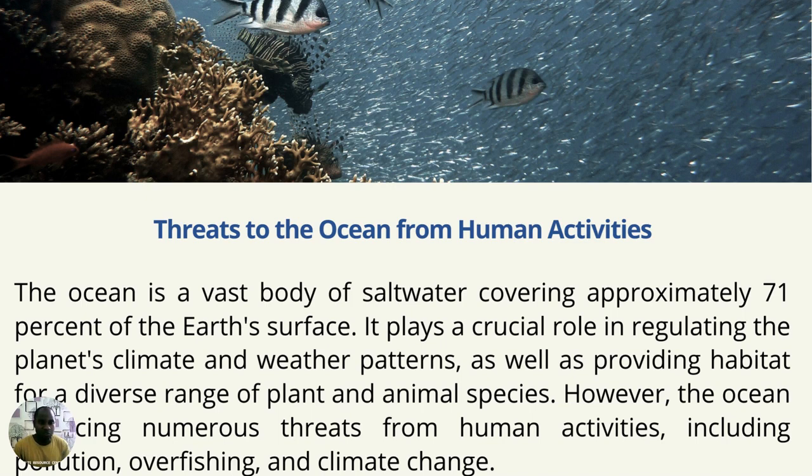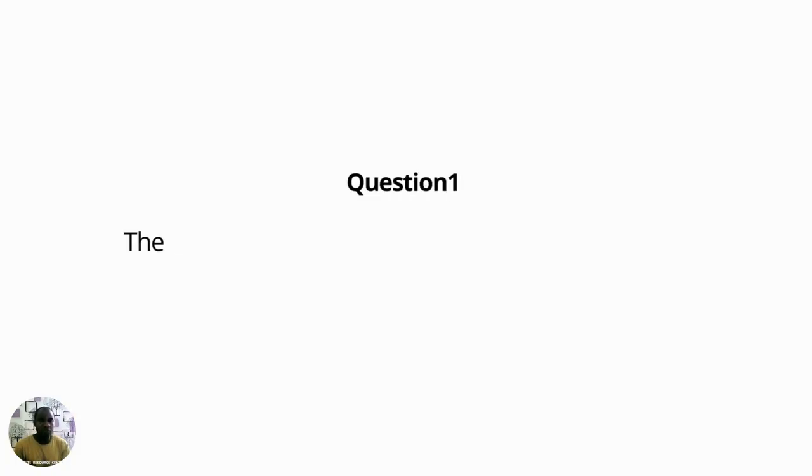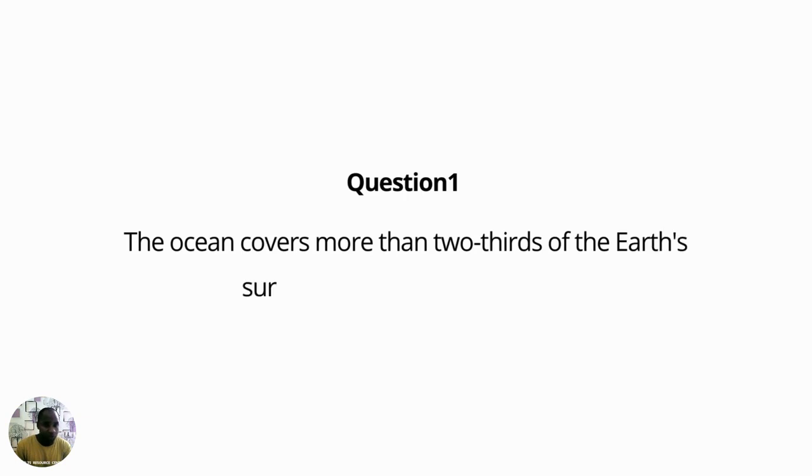And the question now, based on this passage: the ocean covers more than two-thirds of the Earth's surface. Is this statement true? Does this statement align with what is in the passage? Or does it contradict what was written in the passage? Or is it not in any way related to what is in the passage?